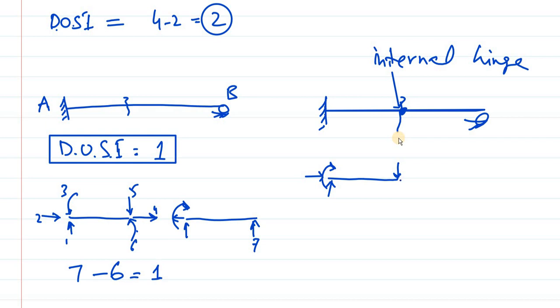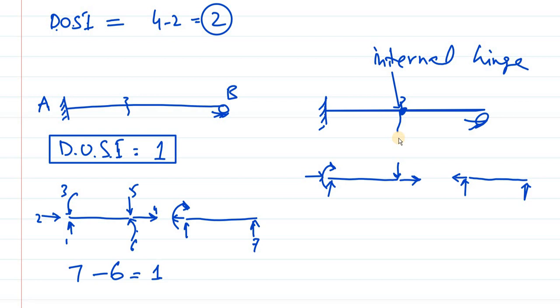It is still capable of producing a normal force as a reaction, but it is unable to produce any bending moment. So I will not show any bending moment here, because by the property of the internal hinge, it cannot resist an internal moment. This is the reaction due to the roller support at the left end, and these are the internal forces opposite to this, and similarly opposite to the vertical shear one.